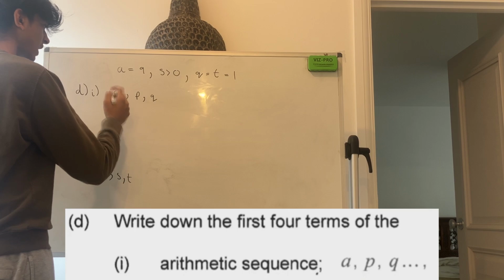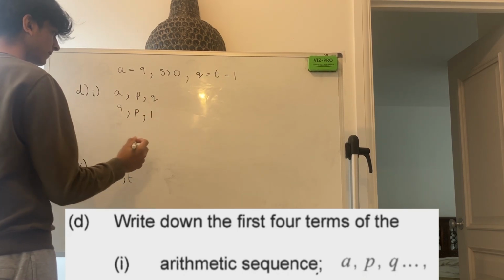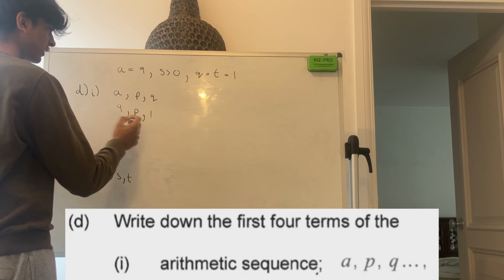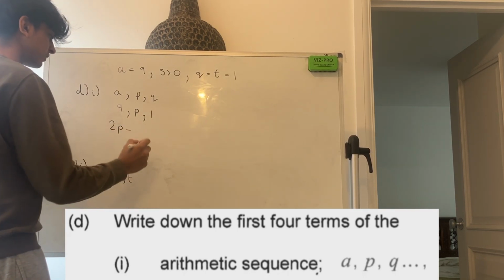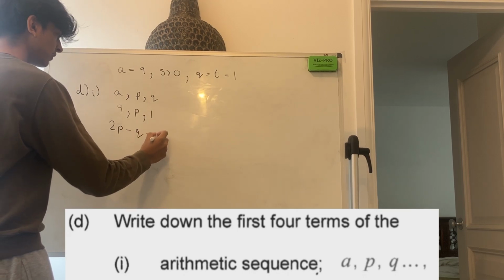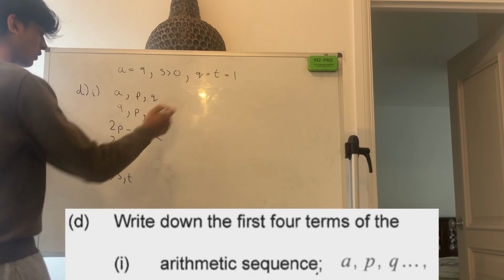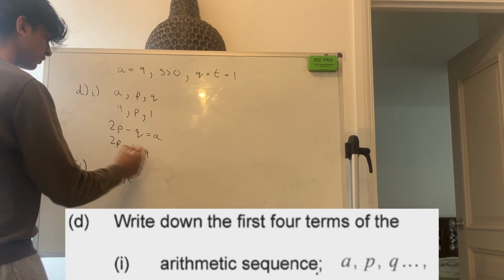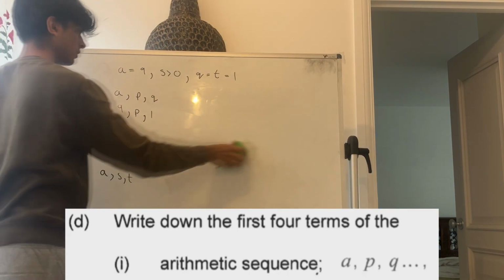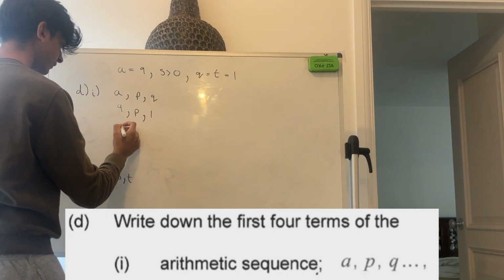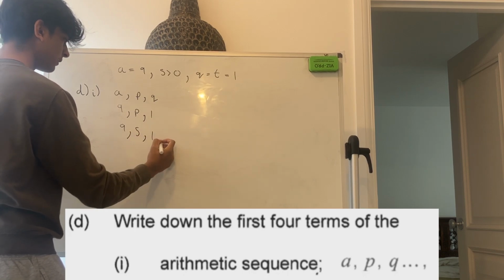So I can write this as 9, p, 1, and we remember from earlier that 2p minus q equals a. So 2p minus 1 equals 9. So 2p equals 10, p equals 5.